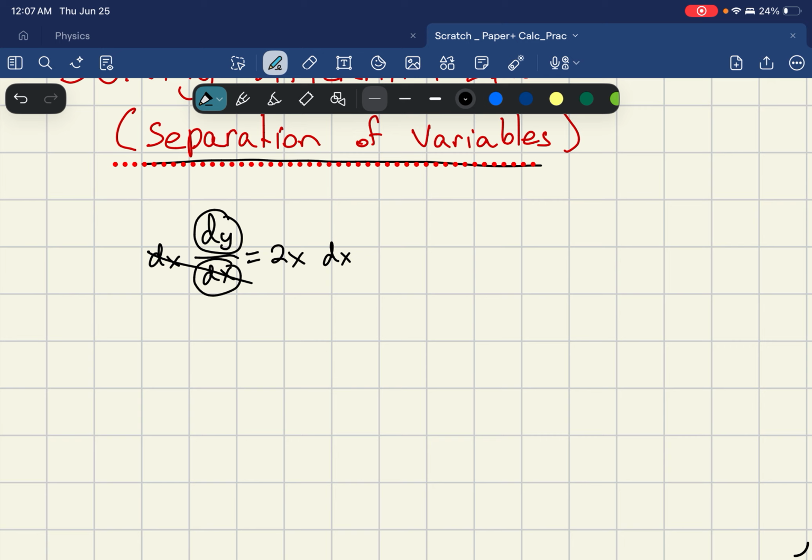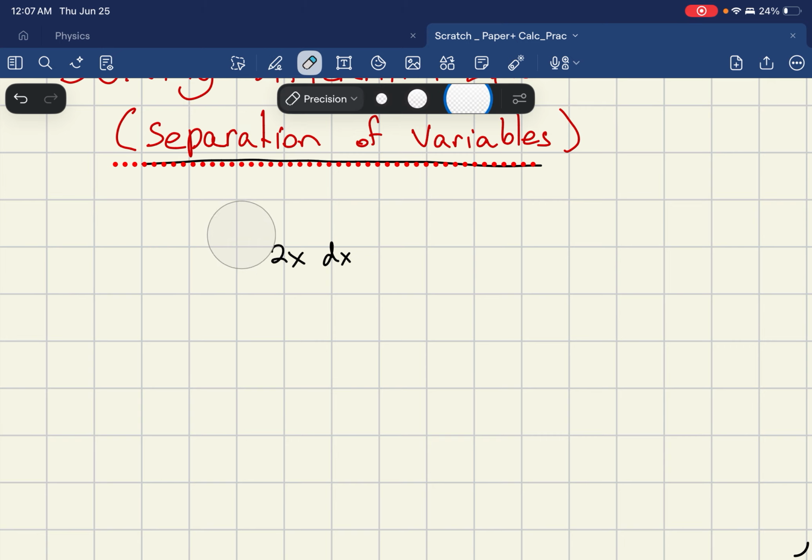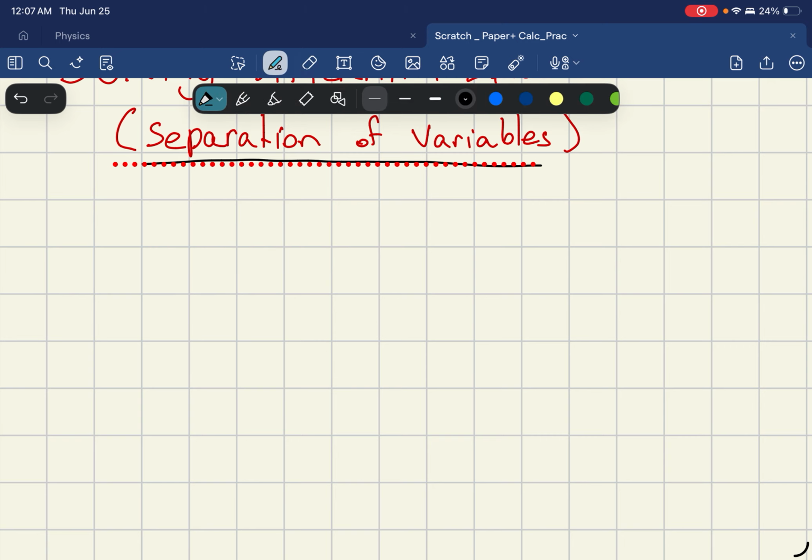You just treat it like a fraction, like a variable. And so basically step 1 is to separate the differential, or split the differential, right?